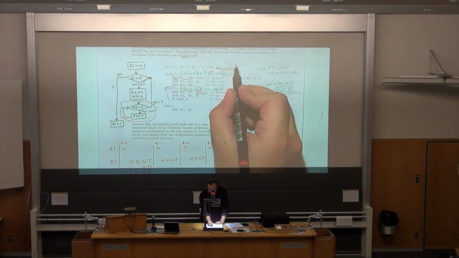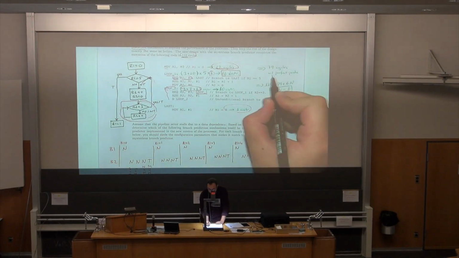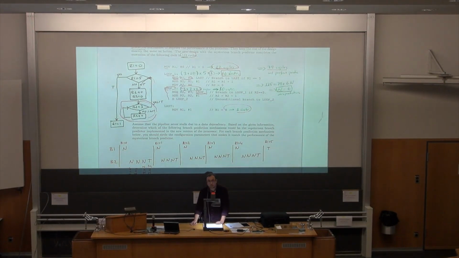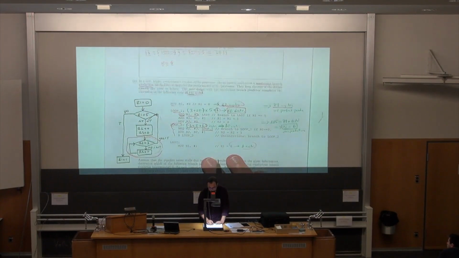So when we sum them up, 12, 66, and 1, we have 79 cycles, right? If we have a perfect predictor, if we don't have any stalls because of the branch, then it should take 79 cycles. But each misprediction costs us 6 cycles of bubble. So we calculated it here, right?